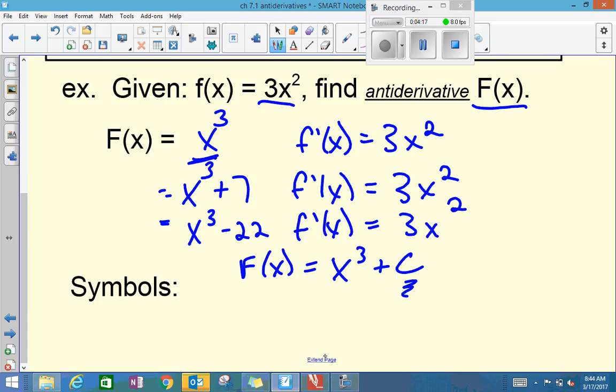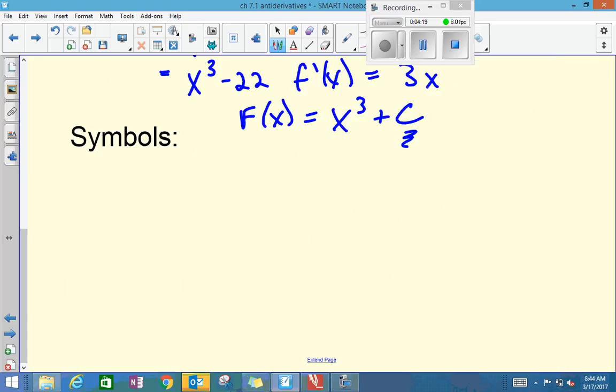The new notation we're going to use is the integration symbol, which is just kind of a stretched out s. So we'd say the integral of f of x dx, which just means that we are integrating using the variable x, equals capital F of x plus c.